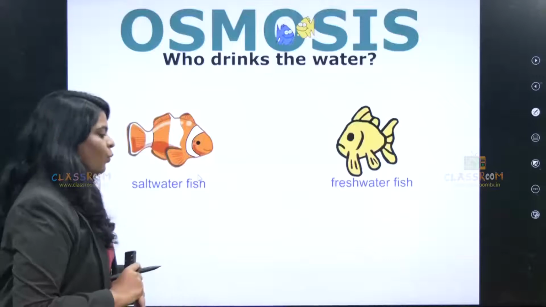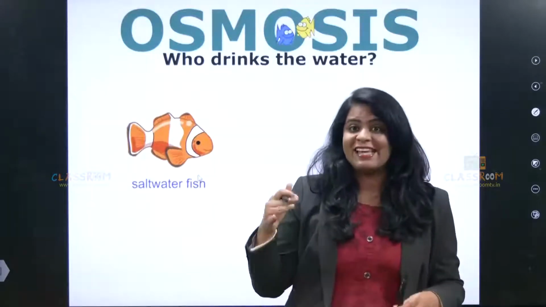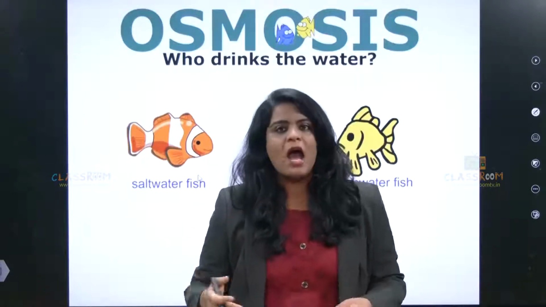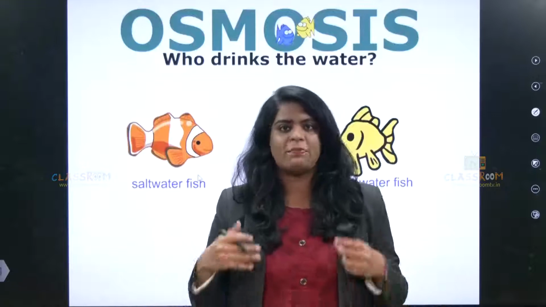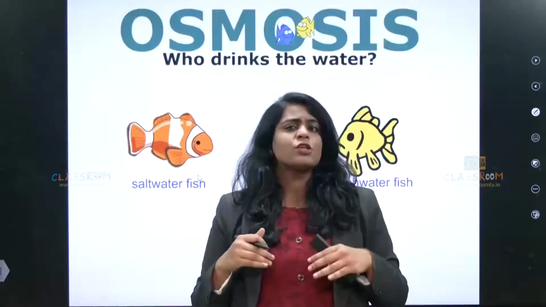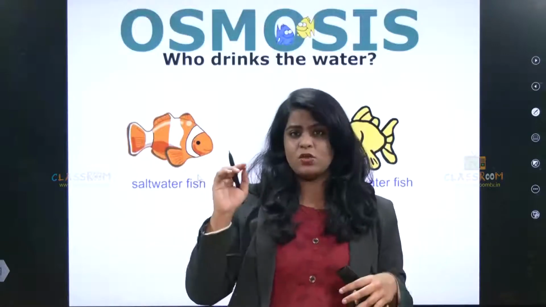Now coming to how transportation is done at cell level. I have told you how the heart is pumping blood, how blood transportation is done. But let us talk about how transportation occurs in minute cells.